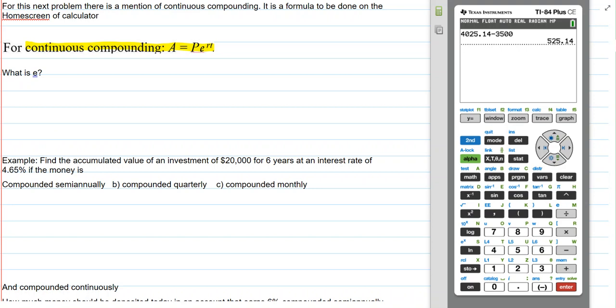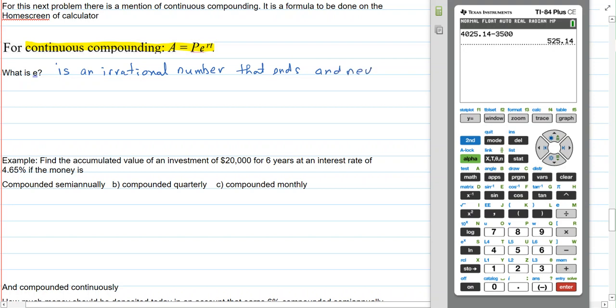We're going to say that e is an irrational number that never ends and never repeats, like pi.